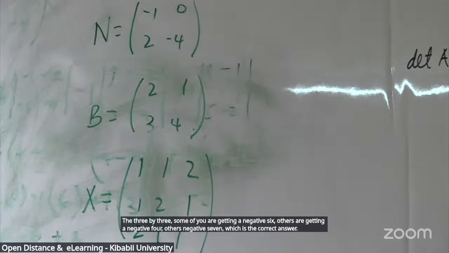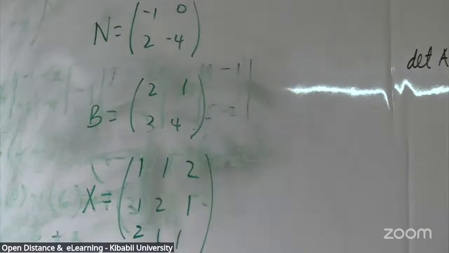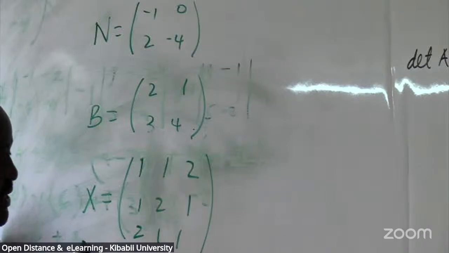Which is the correct answer? We can work out for X that's giving us different answers.